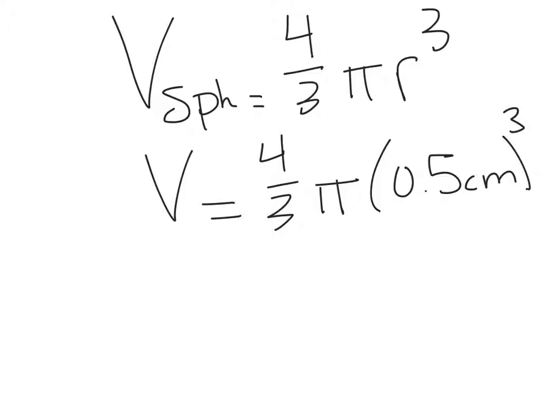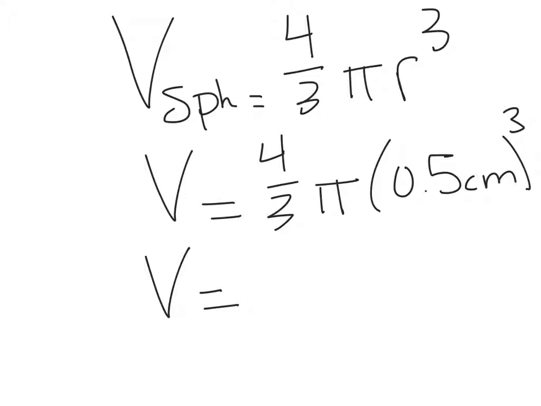We have 4/3 times pi times 0.5 centimeters cubed, or to the third power. So it looks like when I plug all of those in, I should get a value that looks like this. My volume, V, is equal to 0.5235 and then a bunch of numbers.